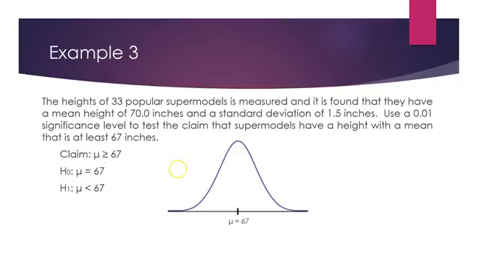We're again going to follow the normal distribution, or actually the t-distribution, but our sample size is more than 30, so it's going to be almost the same as the z-distribution anyway. H0 goes right smack dab in the center, and we are again left-tailed.